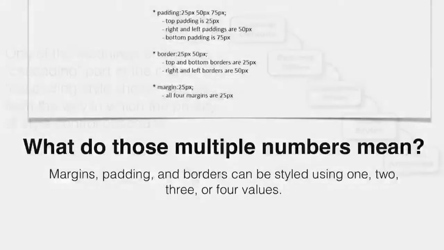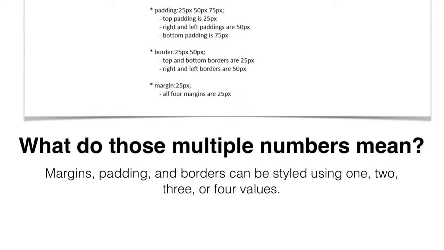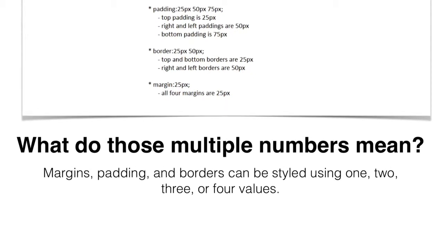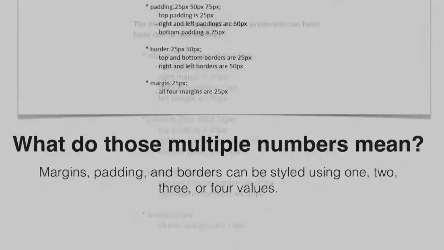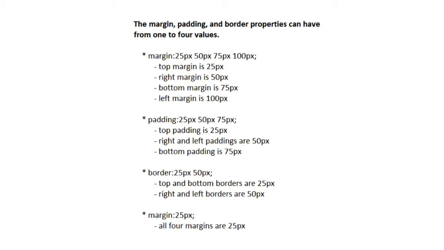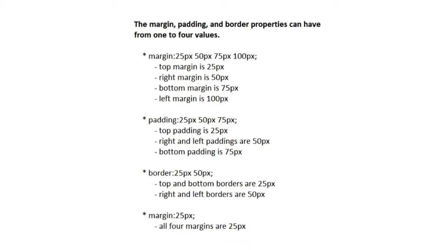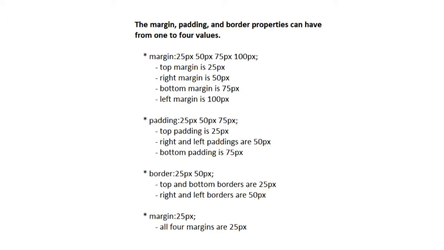The question often arises, how do I interpret multiple values in a margin, padding, or border CSS declaration? Here's the answer. If one of the box model properties has 4 values, the first value represents the top, the second, the right, the third, the bottom, and the fourth, the left. So for 4 values, that's pretty easy to remember.